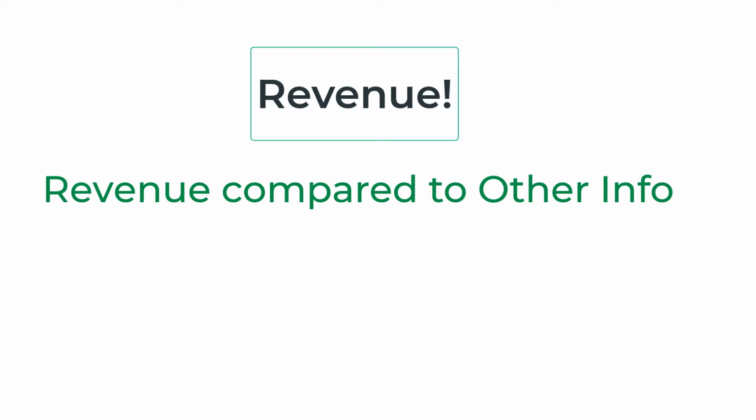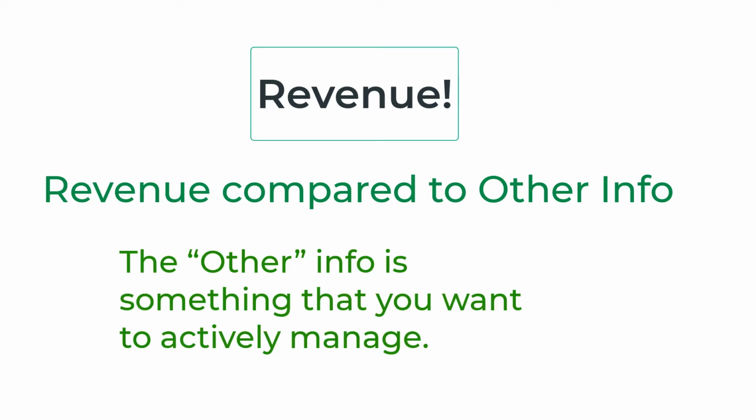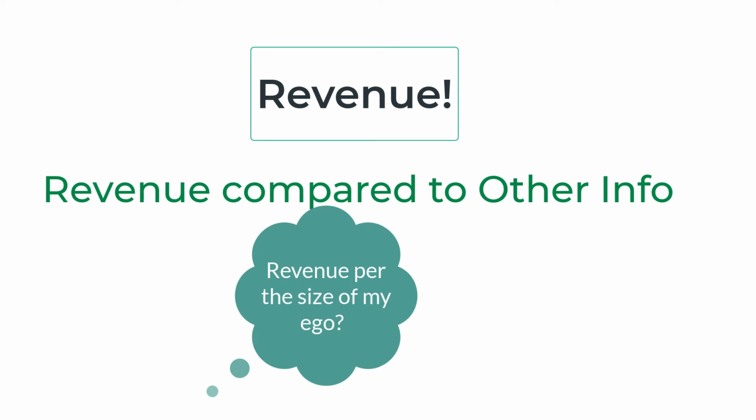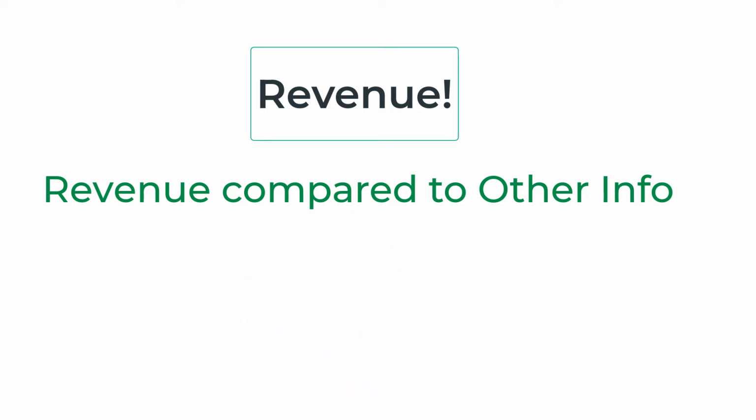This is usually used when that other information is variable, scarce, or otherwise an important thing that you want to manage. You don't usually use this with a piece of information that is static, such as square feet of office space. Now, if you are managing several offices, square footage might be important. But if you're managing just one or a few locations, it likely is not going to be meaningful to incorporate this into your KPIs.